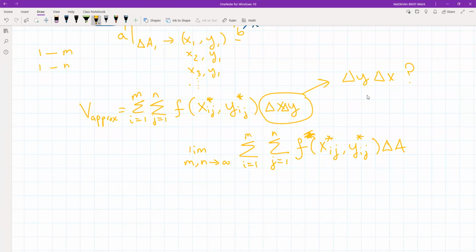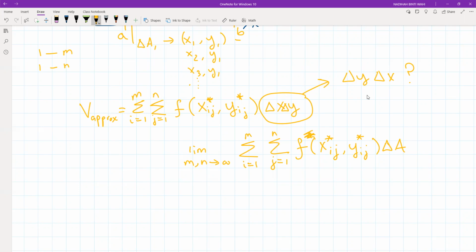But it will involve some complications, some difficulties. For a rectangular region there is no problem because the difficulty is less. But in other regions that may not be rectangles, maybe any shape, it can make things either difficult or easy. So it depends on your choice of delta x, delta y or delta y, delta x.